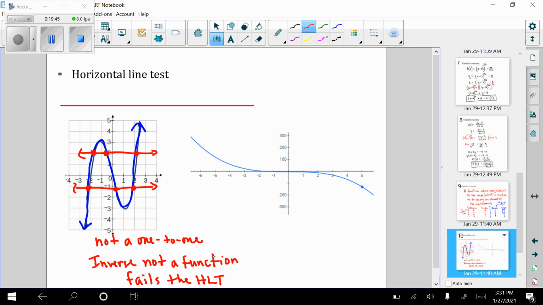So for this one, I can place some horizontal lines here. Now it looks like it fails it right in here, but it's just so close to the x-axis that it appears to be a horizontal line itself. You can see why, because that y-axis is so large and they have intervals of 100, so it appears that it's really close. But you can see that it passes the horizontal line test.